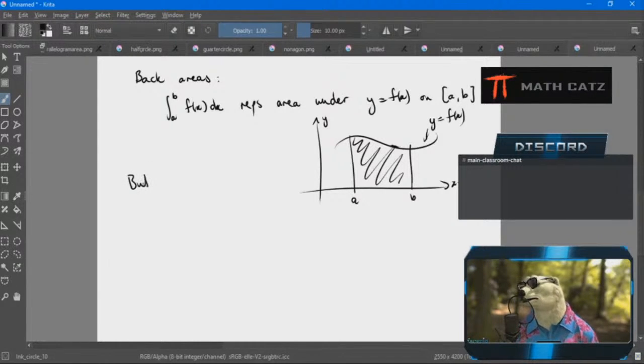But let's look at an example. What if I want to find the definite integral, let's say -1 to 1 of x cubed.